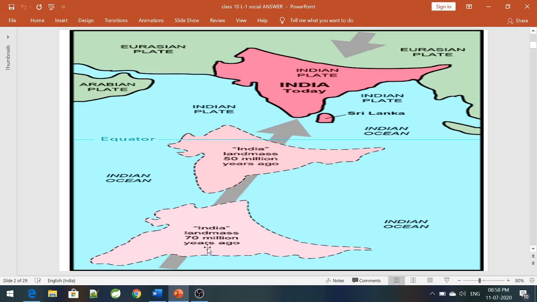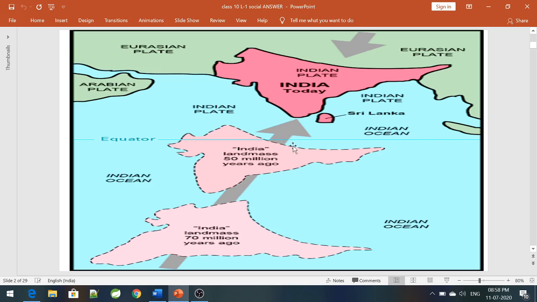The other part is called Gondwana land. If 70 million years ago it was here, then 50 million years ago it was here, and then it merged into the Eurasian plate and thus formed India.